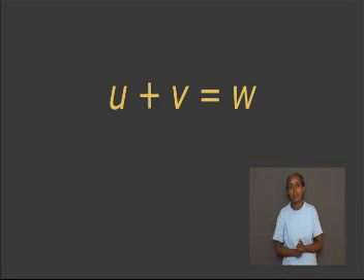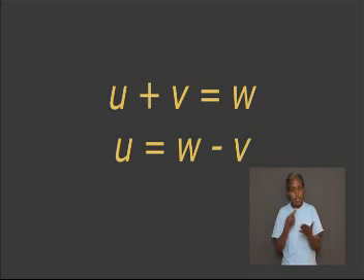The rules of arithmetic state that if W is the sum of U and V, then U is the difference of W and V. That is to say, U is equal to W minus V.